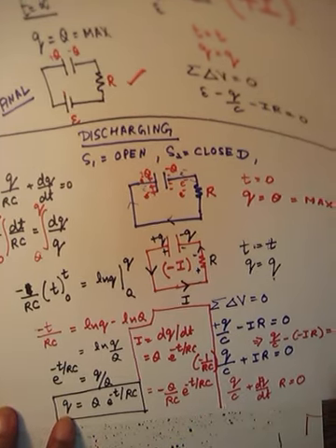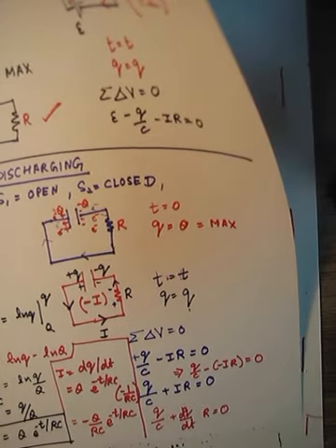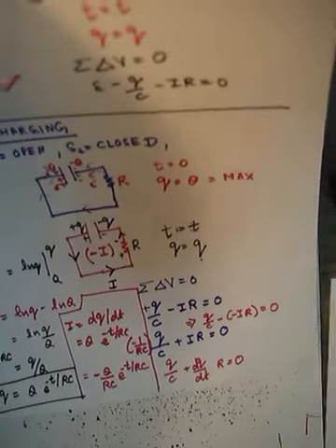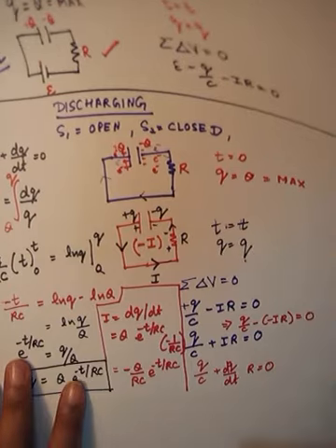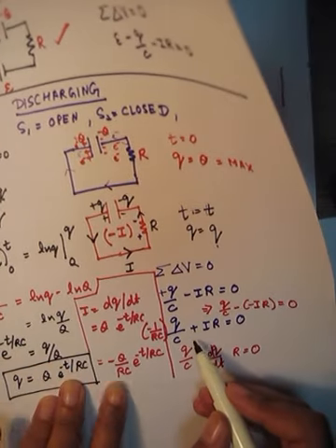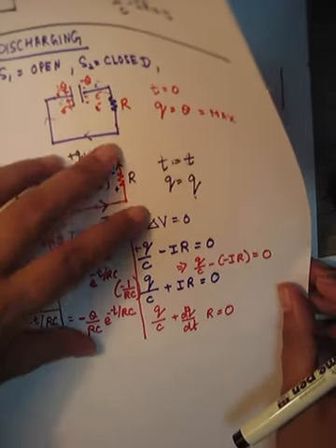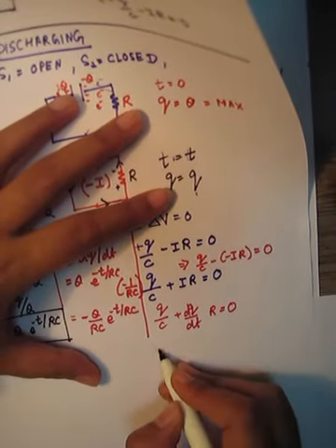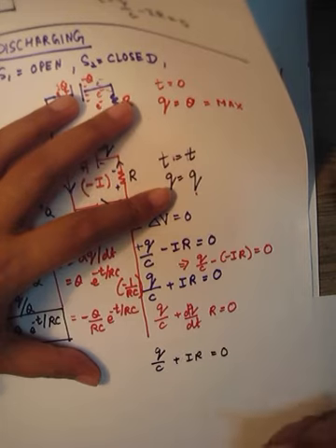Now let's try to see what this is. Now let's see this equation, which is Q upon C plus IR is equal to 0.